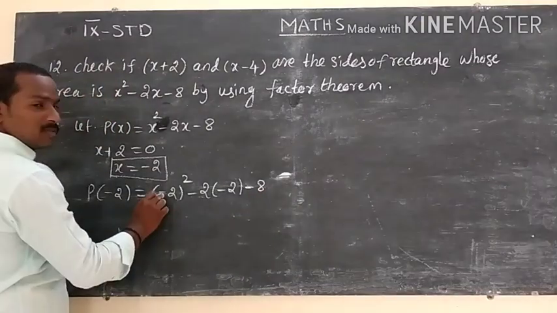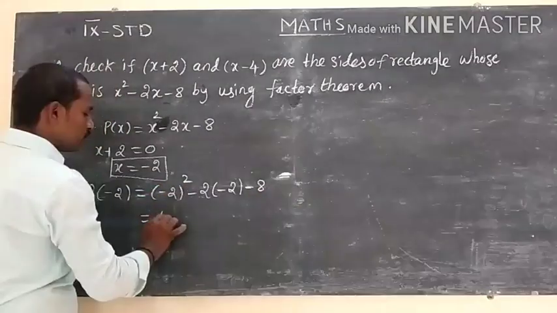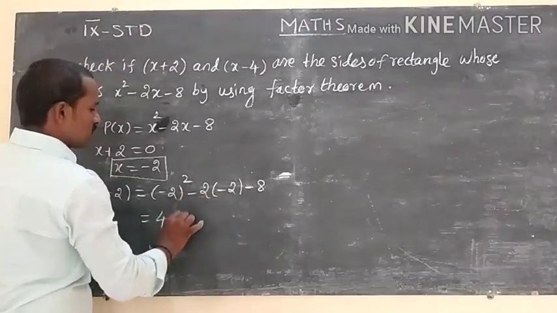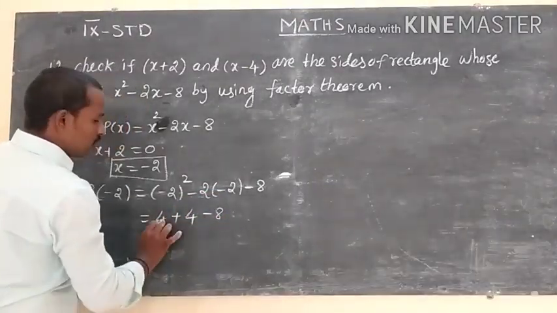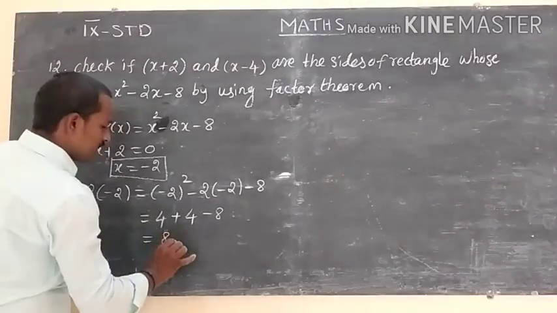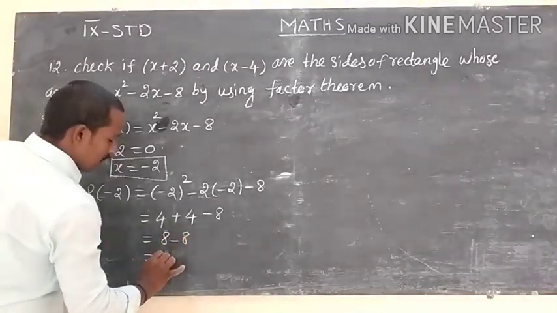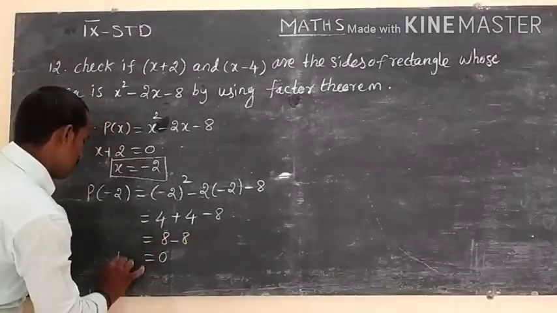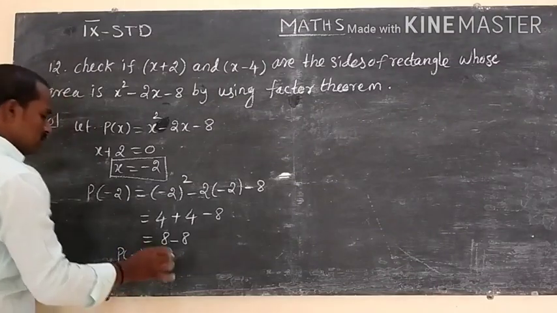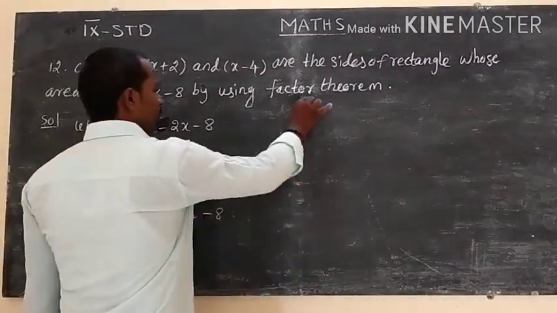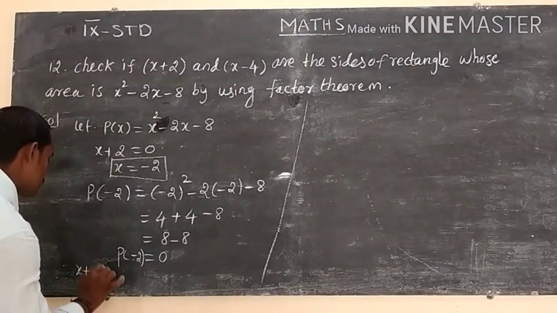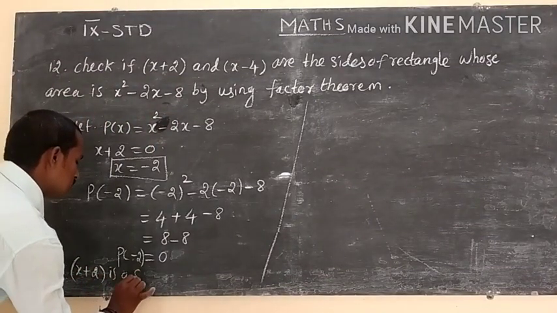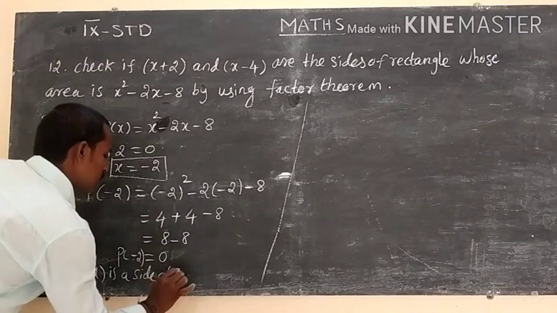Minus 2 squared, an even power, is plus 4. Minus into minus, 2 twos are 4, is plus 4, so plus 4 and plus 4 is plus 8, and minus 8 equals 0. So p of minus 2 is 0. Therefore, x plus 2 is a side of the rectangle.